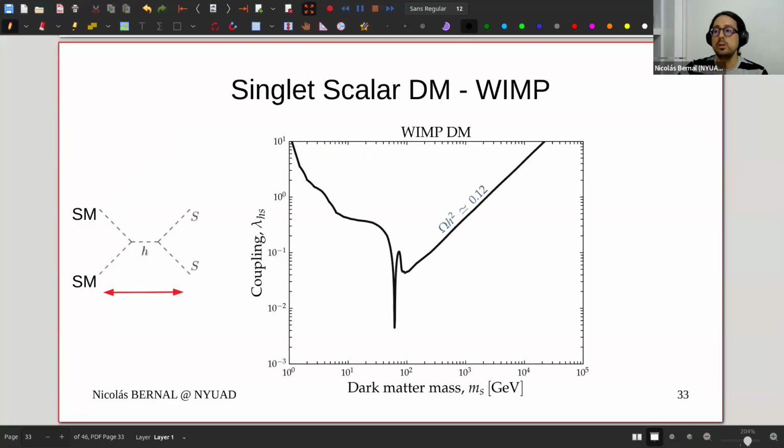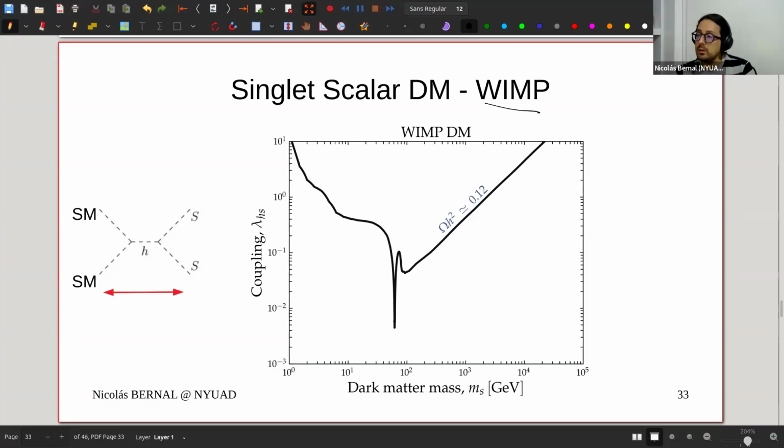So we can study this model in the framework of the WIMP paradigm. Dark matter S could be produced from the standard model, for instance, through the Higgs portal, right? Here I'm showing you a plot of the couplings required for different masses, and this thick black line corresponds to the parameter space that fits the observations. So in order to have a WIMP dark matter, you need dark matter in the ballpark of GeVs to TeVs with coupling of order, say, 1, 10 to the minus 1, 10 to the minus 2.